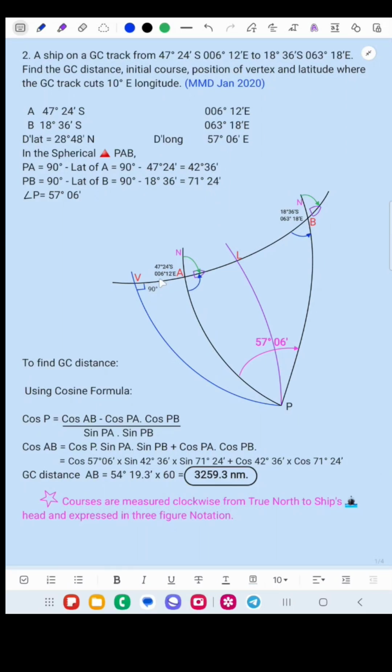Here angle A is obtuse, more than 90 degree, so it will lie outside the triangle and on the side of the obtuse angle. So the vertex will be somewhere here.